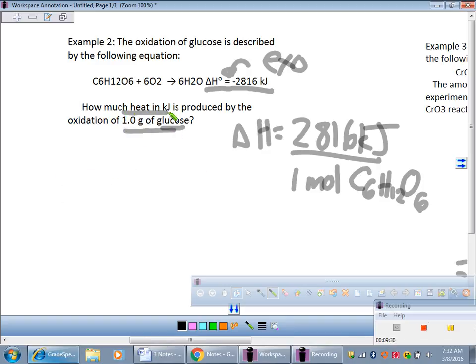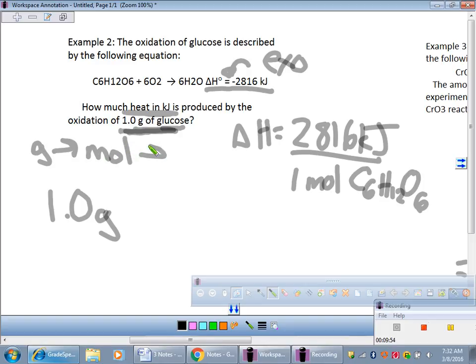We eventually want to figure out heat. Now remember, enthalpy is heat per 1 mole. We just want to know how much heat was produced in this reaction. Well, if we have 1 gram of glucose, we don't have 1 mole of glucose, so it's going to be a smaller number, but we can use our dimensional analysis to figure that out. So we're going to start with our grams this time, and since we're starting with grams, we need to convert to moles, and from moles, we can convert to kilojoules.